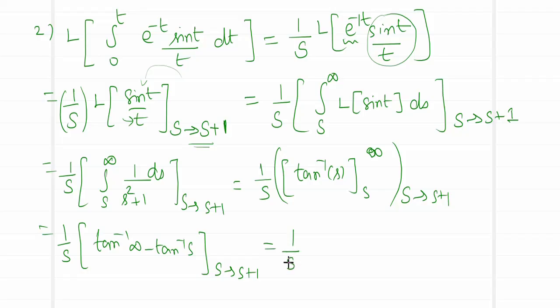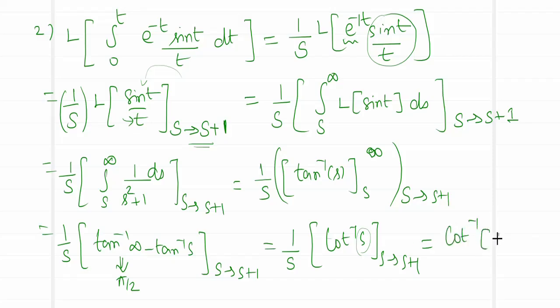Tan inverse infinity is going to be pi by 2. 90 minus theta will give me cot inverse of s, with s moving to s plus 1. So now where is our s? Here is our s. So this s gets replaced by s plus 1 by the exponential operator.